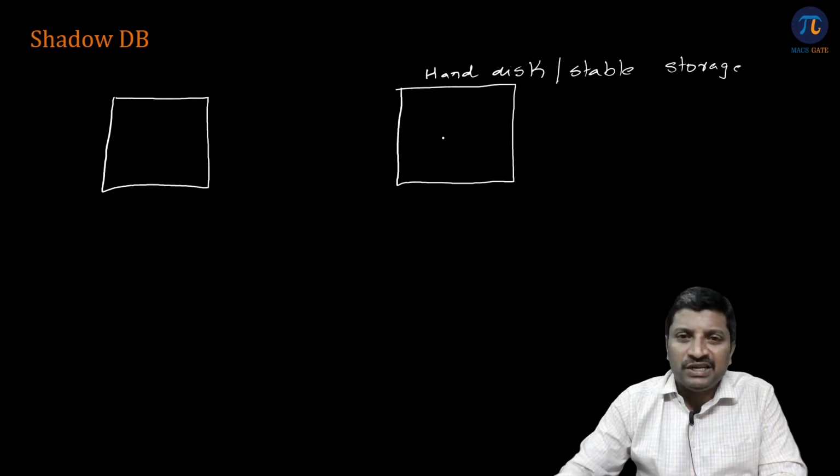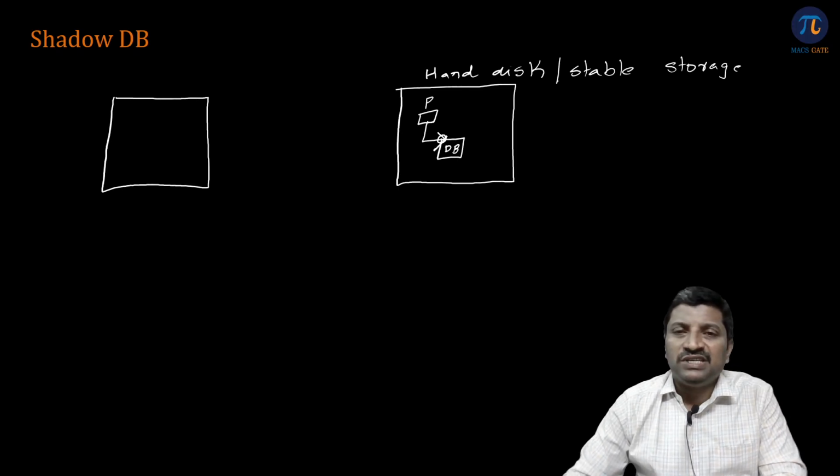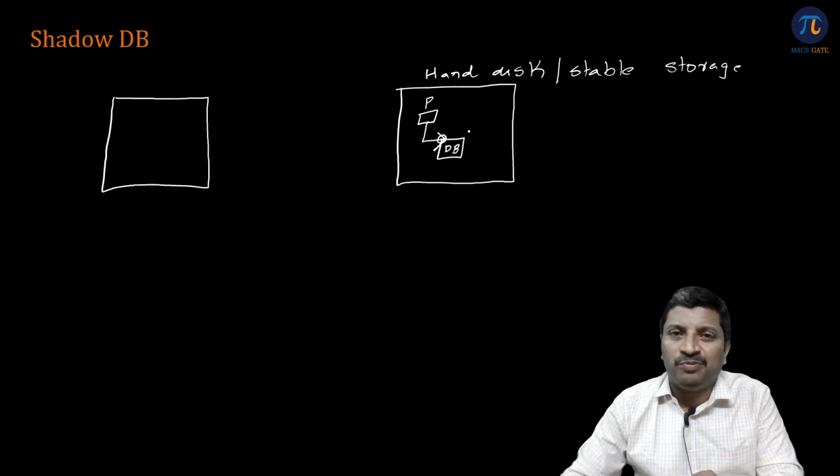Let us assume this is my database. For this database, we have a starting address. That starting address, let us suppose, we save in a variable P. So it will point to the starting address of the database. This is the situation of the database before we start the transaction.